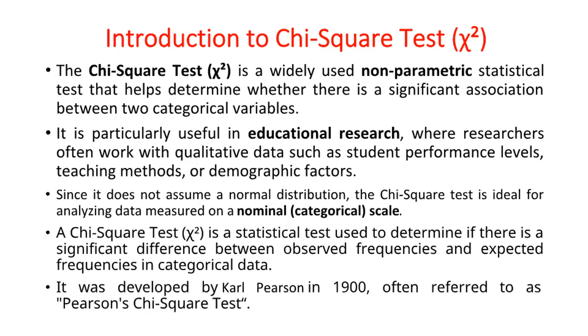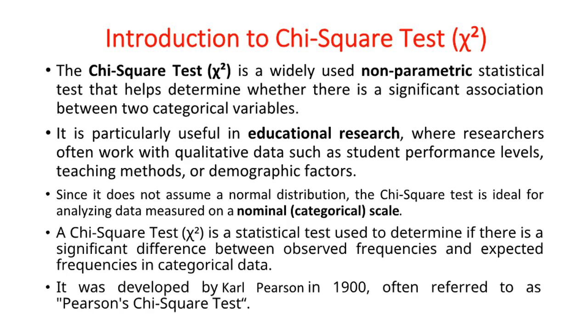Since it does not assume a normal distribution, the chi-square test is ideal for analyzing data measured on a nominal, categorical scale. A chi-square test, chi superscript 2, is a statistical test used to determine if there is a significant difference between observed frequencies and expected frequencies in categorical data.